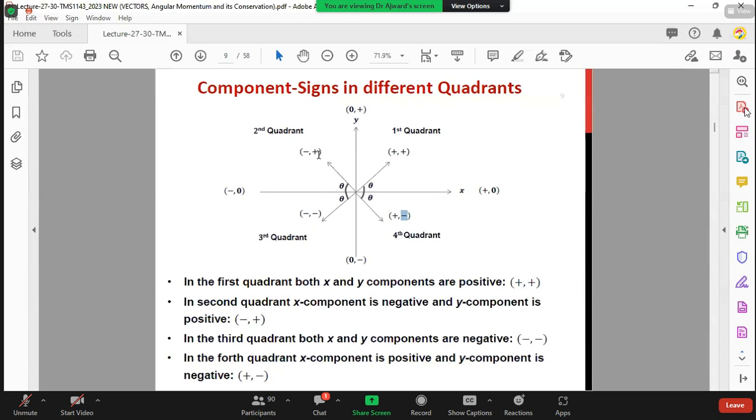That is, A cos theta becomes negative, A sin theta becomes positive if you are pointing in such a direction, and so on. So this vector quantity can be represented by its components, and depending on which quadrant you are in with respect to the xy coordinate system, the sign of the components changes.